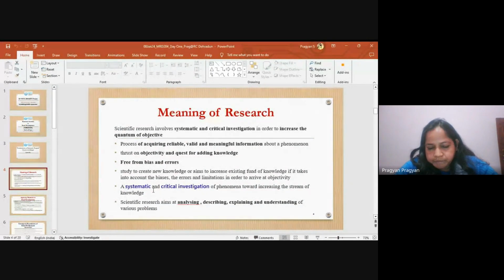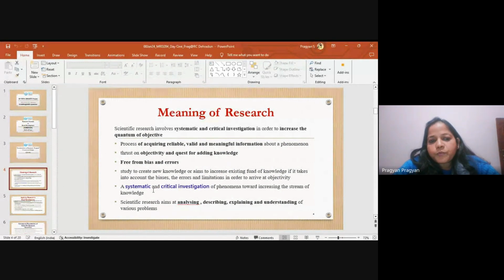That is why, in the process of acquiring reliable information, the terms we use are reliability and validity. These two are very important terms in this whole understanding of social research and scientific investigation.